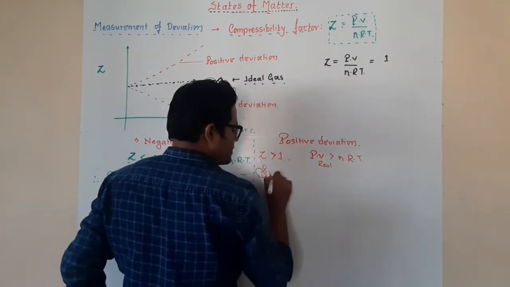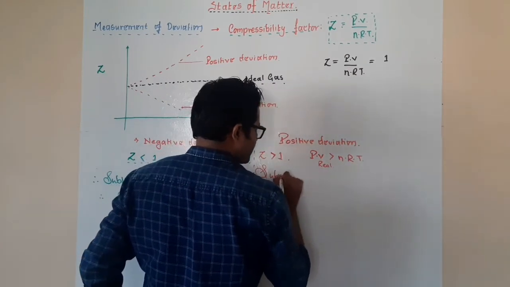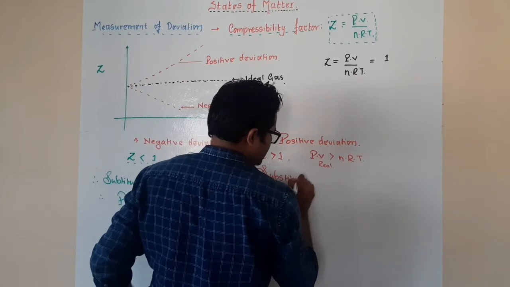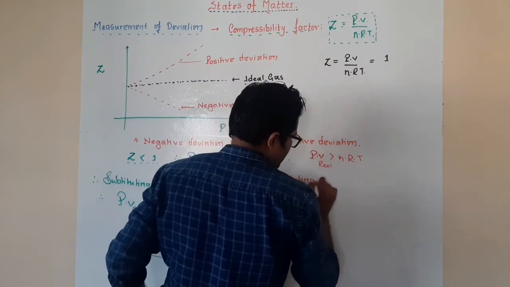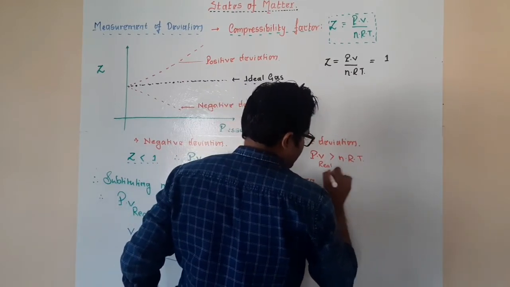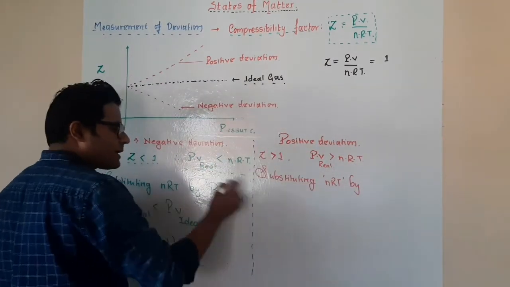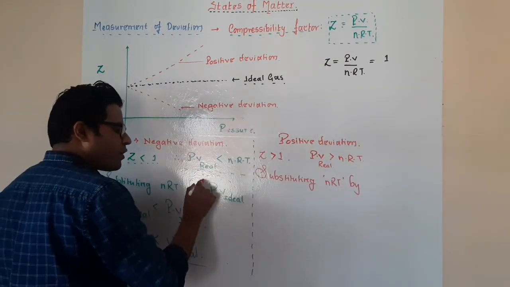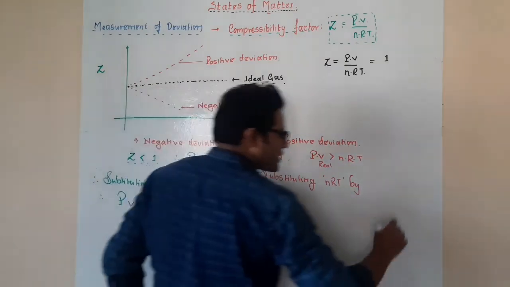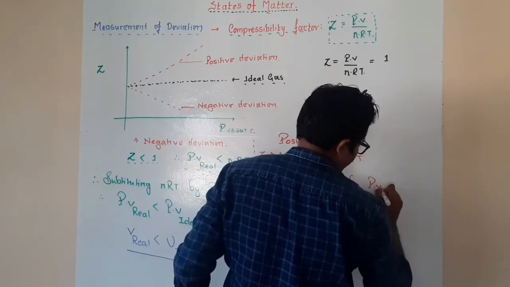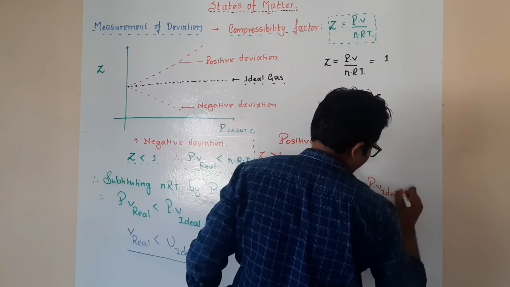Again, substituting nRT, whom are we going to substitute now? Again by the PV of the ideal condition. So P into V of an ideal condition.